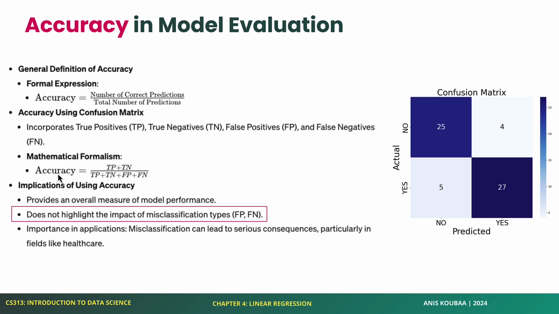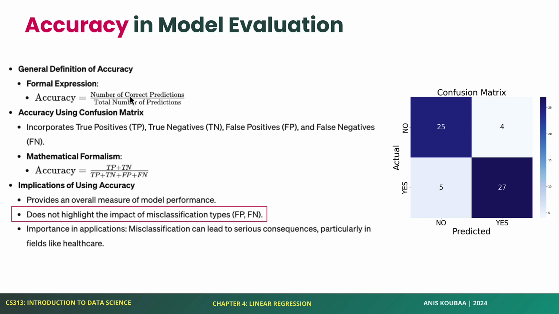Now we can represent the accuracy using the notation of true positive and true negative. In the denominator is the total number of predictions, which is the true positives, true negatives, false positives, and false negatives. But for the accuracy, we're going to consider only what is correctly classified, so it's the true positives plus the true negatives.